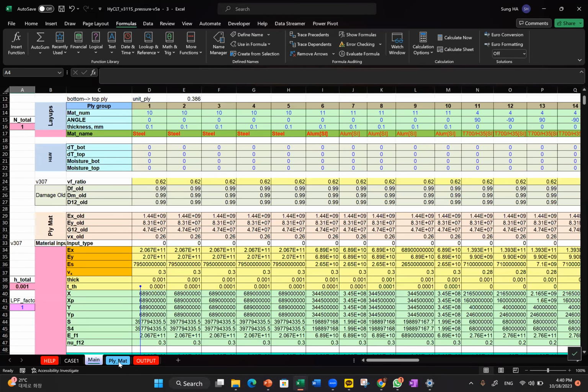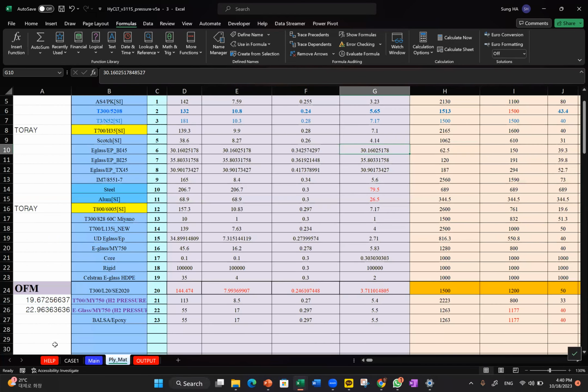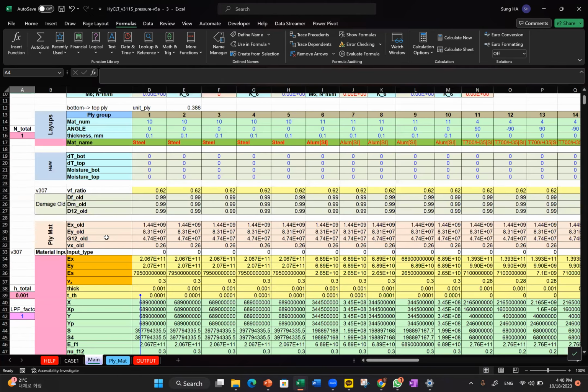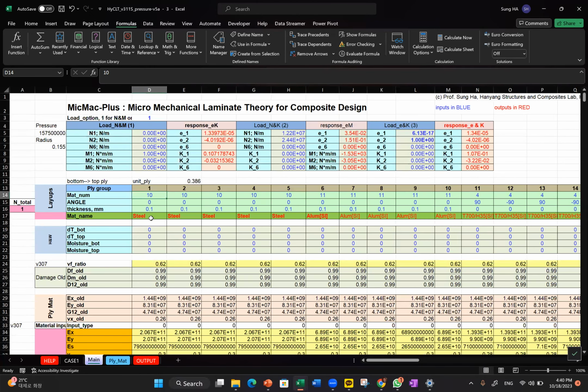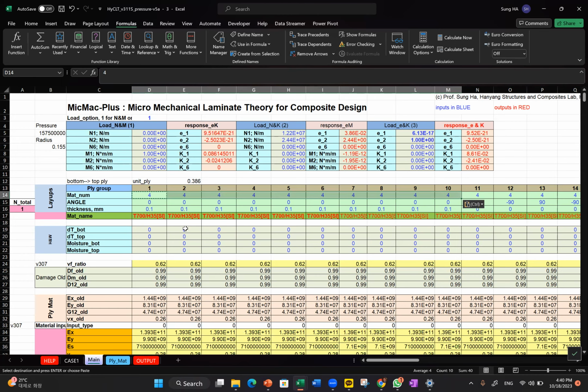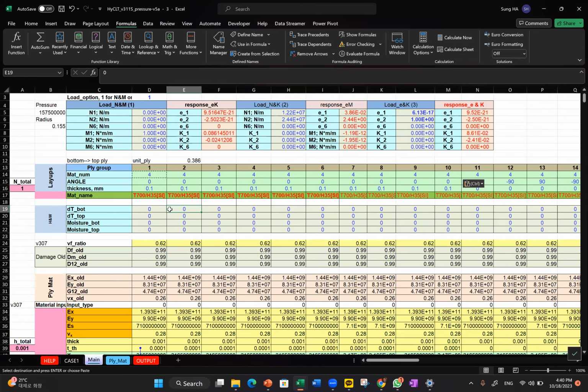So here, let's choose the number 4, and copy here, all number 4. This is a simple way to choose each ply.